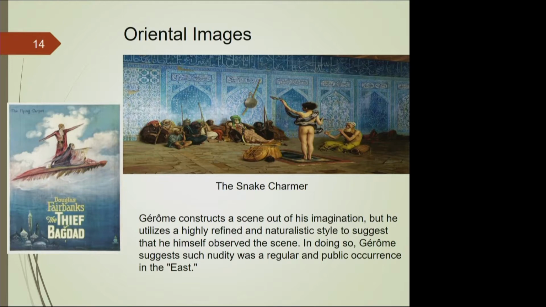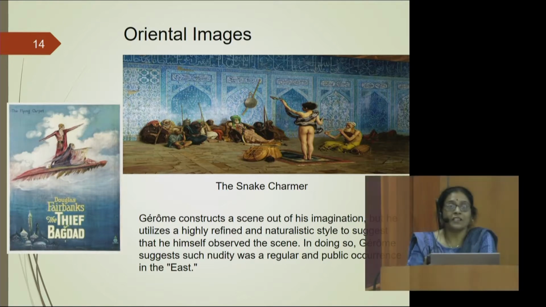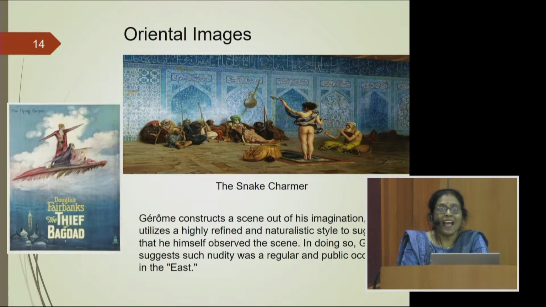Now this entire picture was not a photograph, but it is put across as if it is a photograph. It is created by the imagination of the painter or the artist. But it is portrayed as if it is a real photograph which has been clicked somewhere in the East. And therefore, along with it is established the way of thinking that in the East, people are all snake charmers.